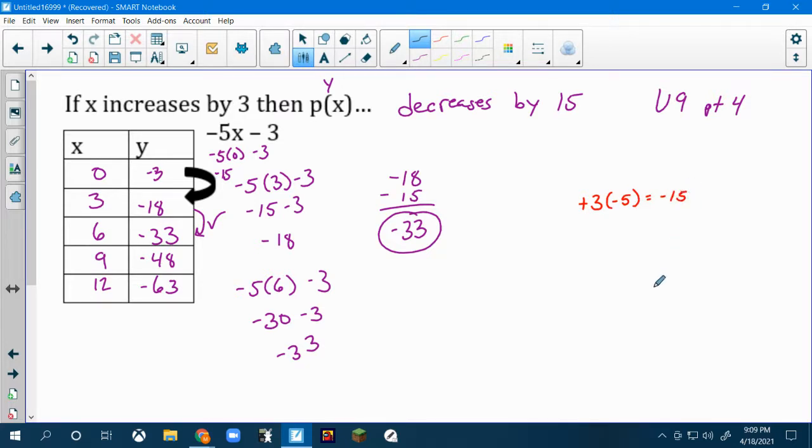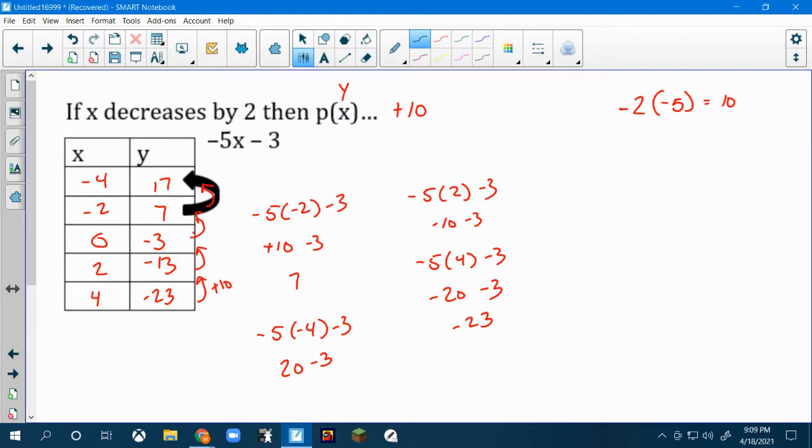Negative 15. Notice, decreases by 15, that's minus 15. When I multiply what I'm doing, increases is positive, by my m value, I get my answer. That's pretty fun. It makes it nice and easy, right?